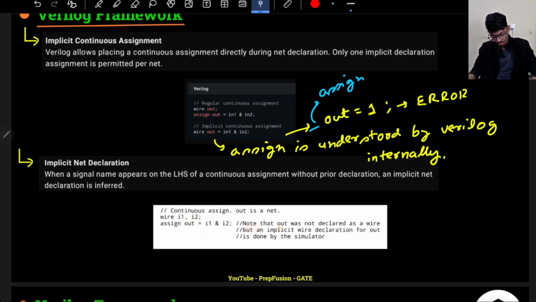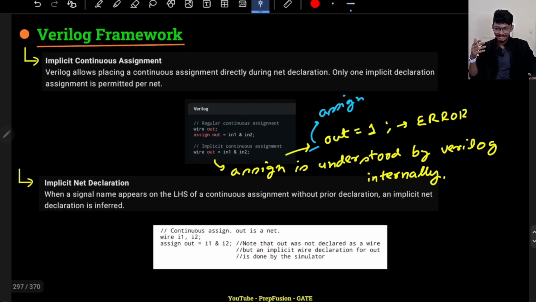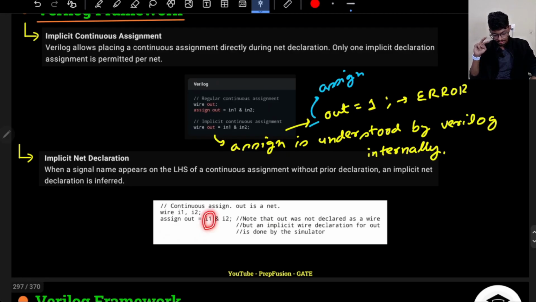Note that out was not declared in the scope here. Okay, but still Verilog understands, okay, I'm trying to do some continuous assignment of I1 and I2 to some variable out, but this out is not defined like this, wire out. I have not defined it, but Verilog internally will make a variable of type wire out.